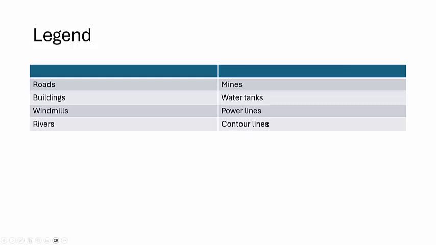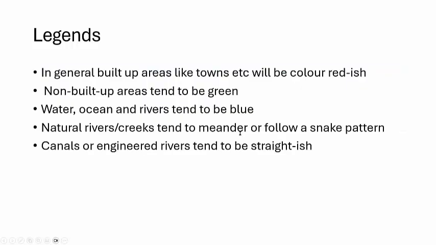Contour lines indicate height above sea level. We've talked about the other things. Okay, now, generally, built-up areas will tend to be coloured reddish. Non-built-up areas tend to be greenish. All water, including oceans and rivers, tend to use blue to indicate them. Now, natural creeks and rivers will meander and follow a snake-like pattern courtesy of a combination of the curvature of the earth and the oscillation of the dipolar water molecule.